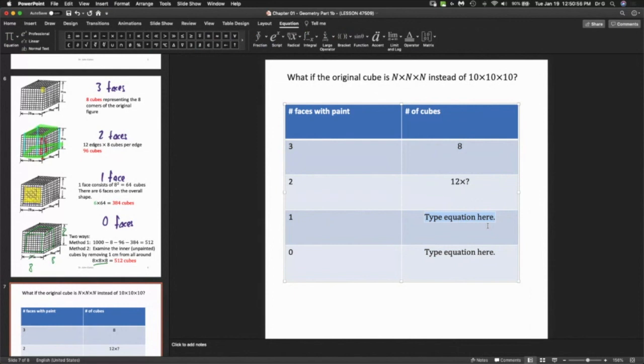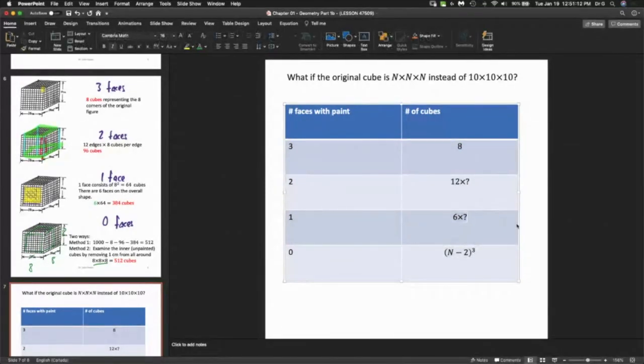It's always going to be 6 times something. And then the rest of it is going to involve n. So this is going to be n minus 2 cubed. This is going to be n minus 2 squared. And this is going to be n minus 2. This will always be true.